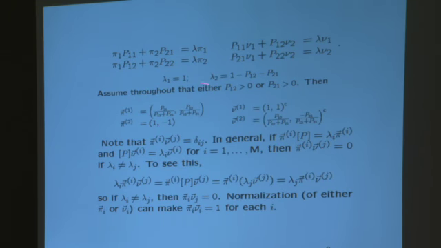Now, if you look at these equations, you'll notice that the left ith eigenvector multiplied by the right jth eigenvector is always equal to delta ij. In other words, the left eigenvectors are orthogonal to the right eigenvectors. I mean, you can see this just by multiplying it out.